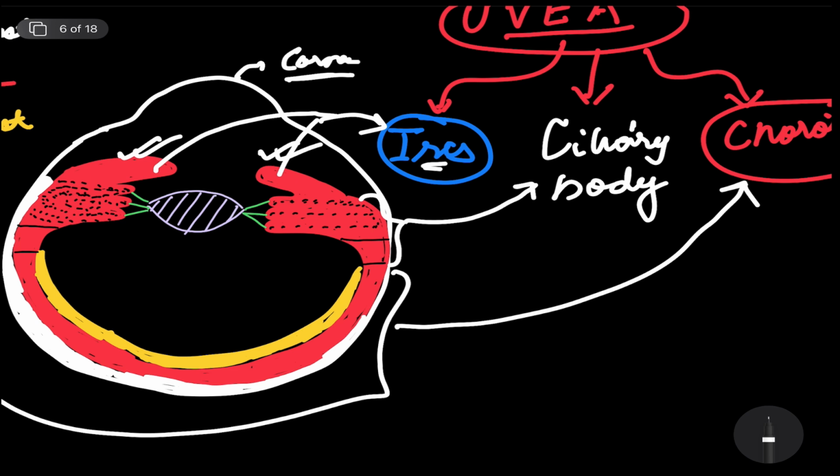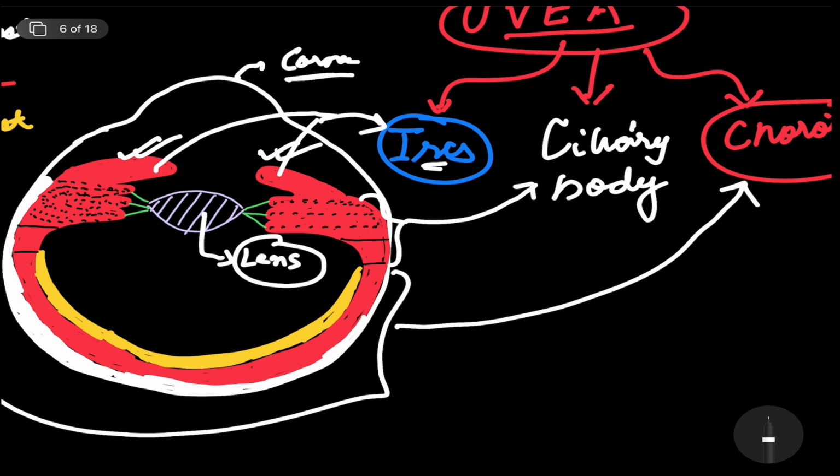Since we are talking about the middle layer, let's talk about another accessory part of the eyeball, which is not exactly a part of any such layer as such, but is one of the most important structures in the eye. That is this thing over here, the lens. So basically, as is evidenced by its name, we need something to converge the light rays onto the image forming part of our eye.